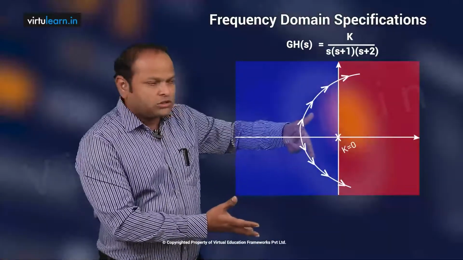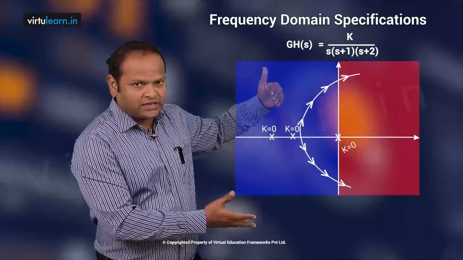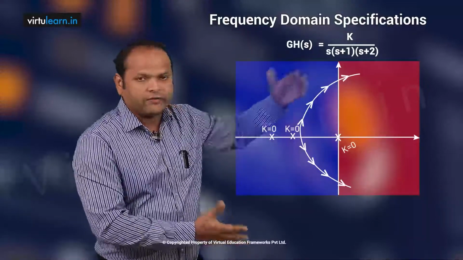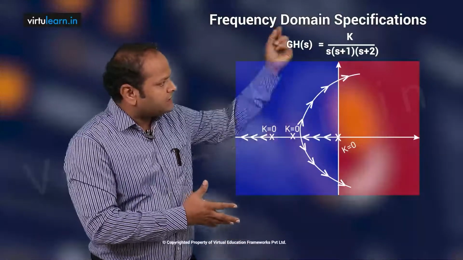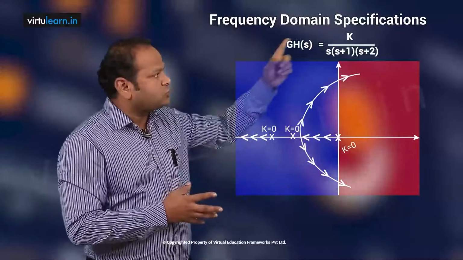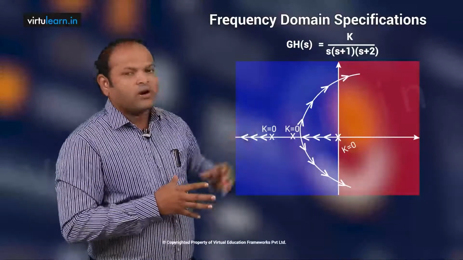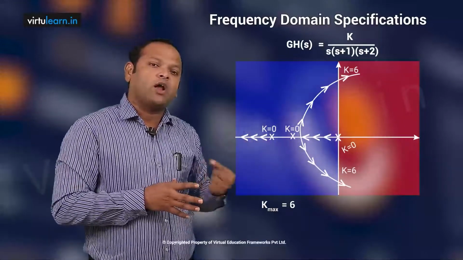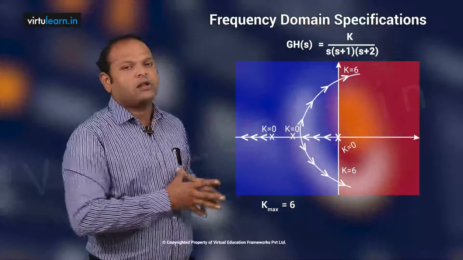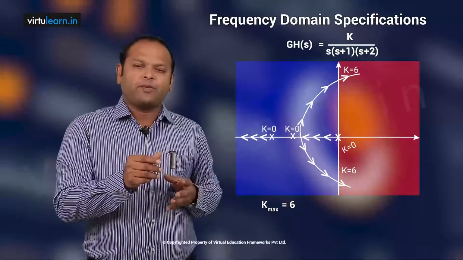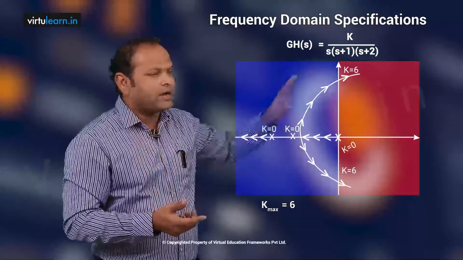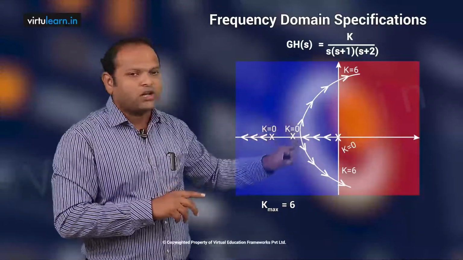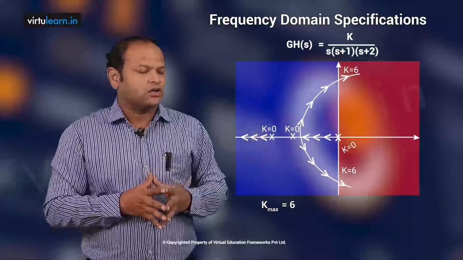These poles are in the left of the s plane for certain values of K, and they move from the left to the right of the s plane. When they are exactly on the imaginary axis, the corresponding K is 6. So 6 is the maximum allowable gain in this system. If you operate the amplifier gain K beyond 6, the system will be unstable; within 6, the system is stable. Exactly at 6, the system is marginally stable, and you will have continuous oscillations.